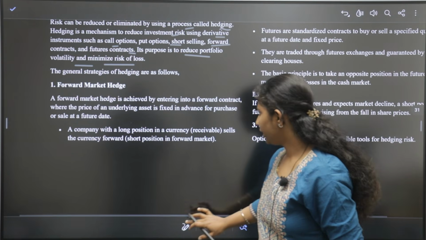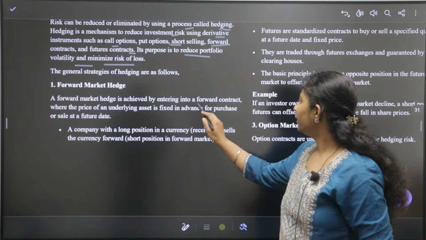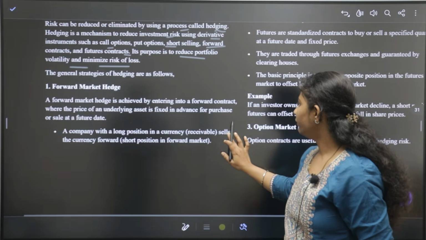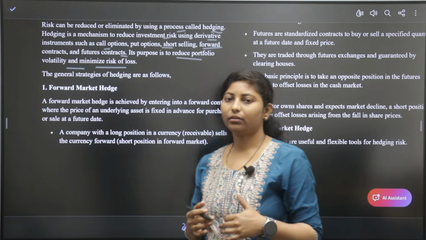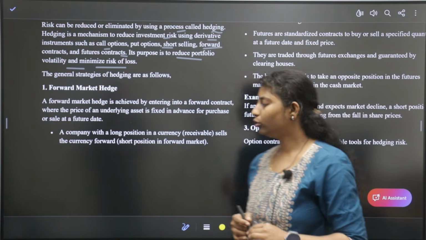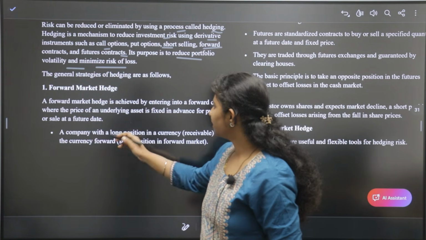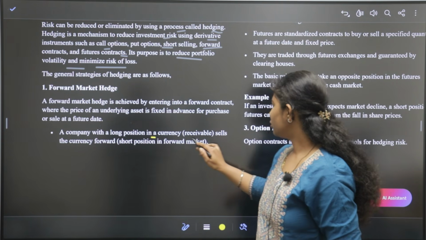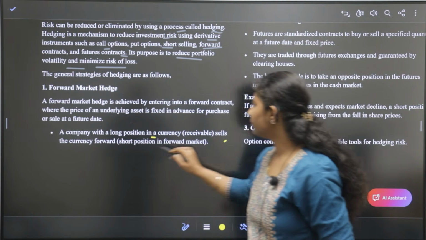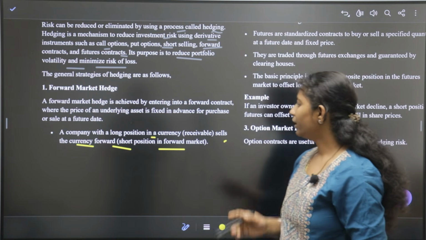Now we'll discuss strategies of hedging. Forward market hedge: a forward market hedge is done by entering into a forward contract. Already we know what a forward contract is: an agreement made beforehand between two parties for a future exchange. A company with a long position in a currency, a receivable, sells the currency forward, taking a short position in the forward market.